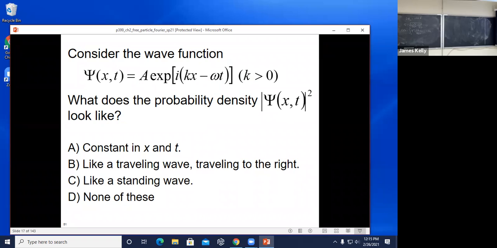If I take something of that form and I wanted to sketch a graph of the probability density as a function of x, just for any time, you can take time t equals 0. What does it look like? In other words, I want to plot rho of x as a function of x for this particular state.